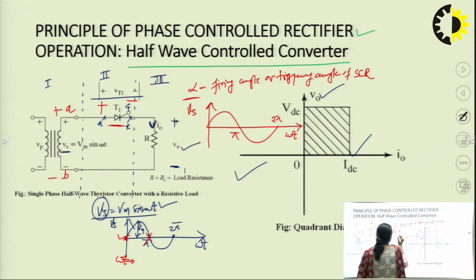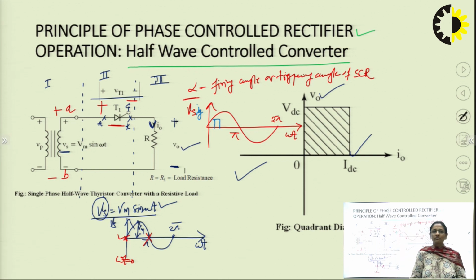Along with Vs, I am also marking the gate current for the thyristor. Suppose at a certain angle alpha, I provide a gate trigger pulse for triggering the SCR T1. What happens when I provide a trigger signal? It will turn it on.